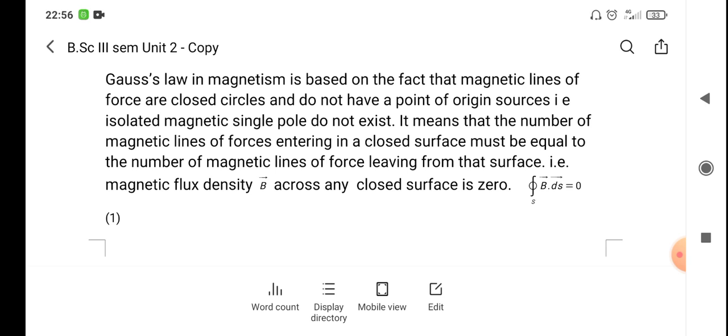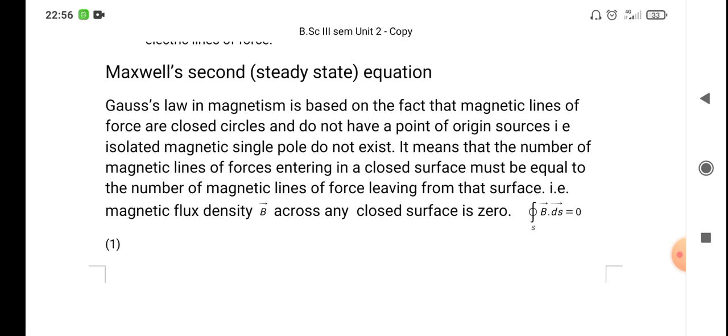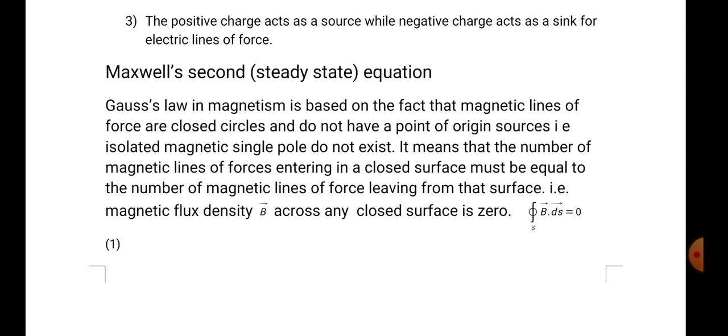In the same way, today we discuss Maxwell's second equation, based on Gauss's law in magnetism. Gauss's law in magnetism is based on the fact that magnetic lines of force are closed loops and do not have a point of origin or source, that is, isolated magnetic single poles do not exist.